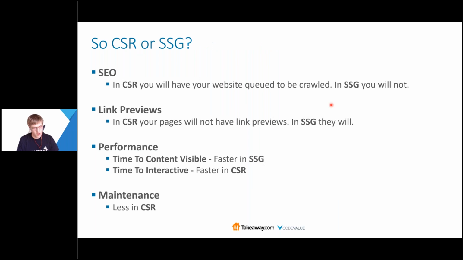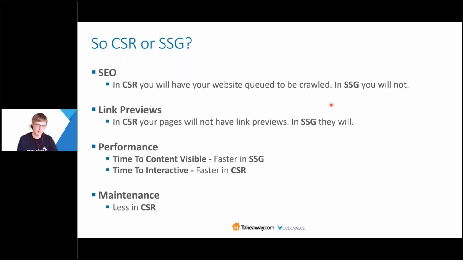Okay, so what do we choose? Do we go with client-side rendering or SSG, static site generation? In terms of SEO, if you can allow yourself to be queued, if you don't care about it, then client-side rendering is good enough. But if not, you must use a different solution. SSG is one of them. We will see more.